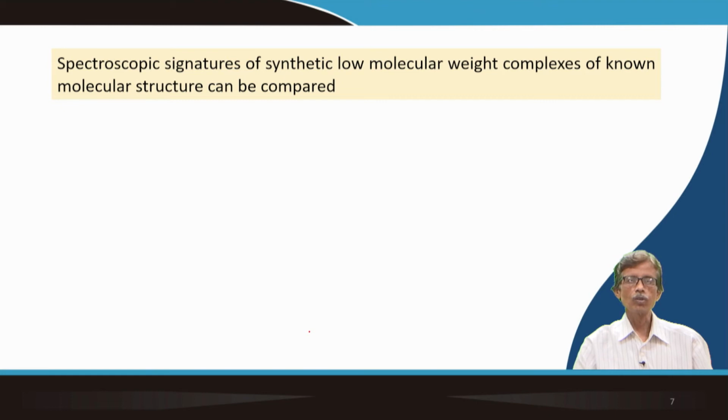So, these spectroscopic signatures for the synthetic low molecular weight complexes, having known molecular structure, can now be compared. If you compare the epsilon value or the corresponding lambda max value for the metal ion center in the synthetic molecule or model compound, we can compare it for the iron site in hydrogenase or the iron site in hemoglobin or myoglobin.